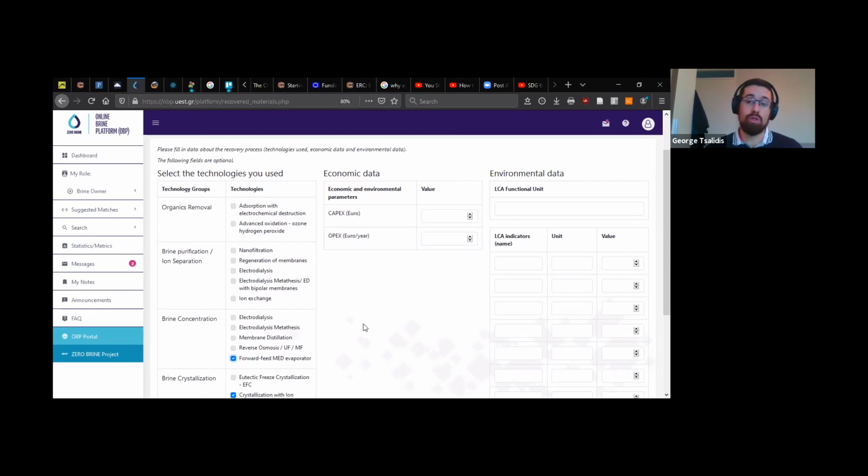And then it's going to ask me about environmental data, the functional unit, in case an LCA study was employed. And this case is also quite specialized, very specific data, which I think most of the users don't know.